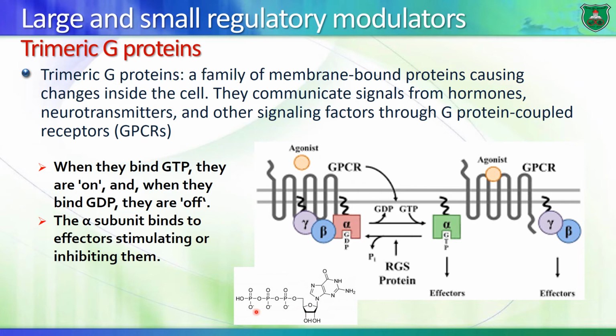So this is guanosine triphosphate. Now when GTP binds, the alpha subunit is released from beta and gamma. Okay? And it becomes active. So beta and gamma are inhibitory subunits of alpha. Now alpha is an active molecule.